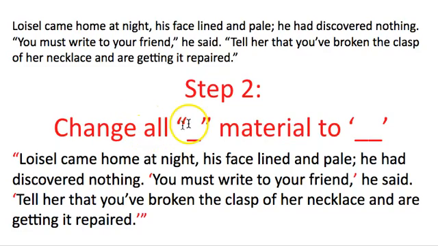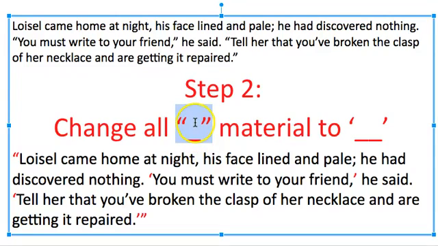Step 2, change all quotation marks from the original. If there's quotations in the part you are citing, change it to single quotation marks. So here, this is where there was a conversation. Instead of double now, I changed it to single. What's going to look weird, looks weird to me too, is that there's 3 here.